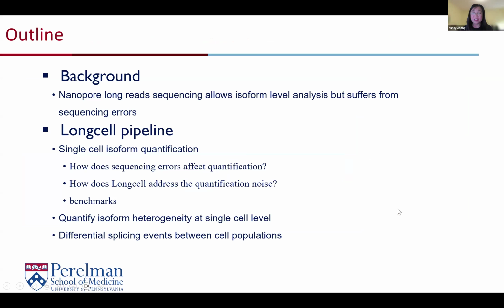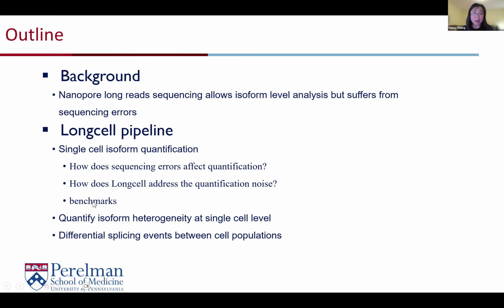Okay, with that intro, here is an outline of the rest of the talk. In terms of single cell isoform quantification, I'm going to show you how sequencing error affects quantification, and then how we address it.